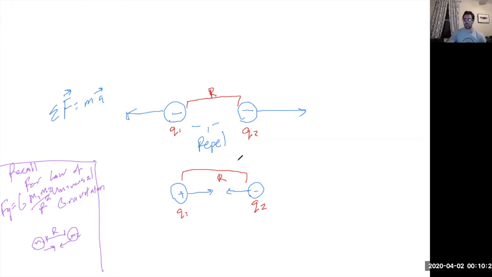So I could have these two different situations where I have a plus and a minus, and those would attract. And this reminds me very much of this situation over here with gravity. So it turns out that because we have these attractive and repulsive forces, the formula is going to actually look very much the same.